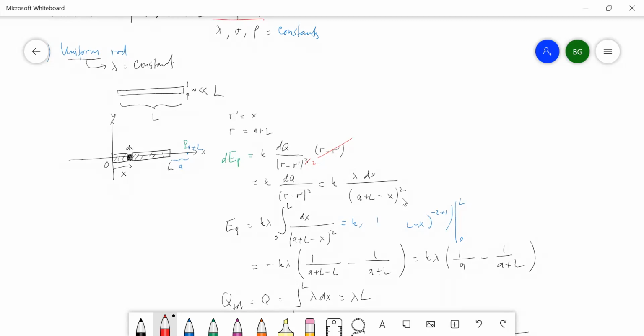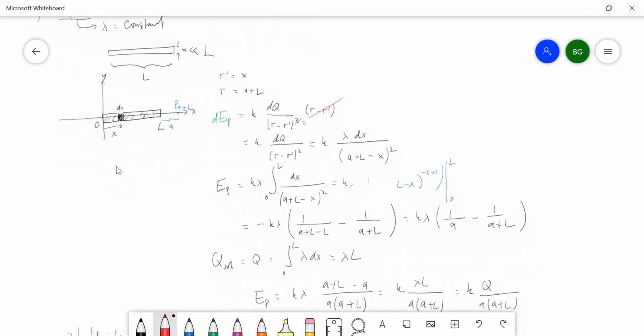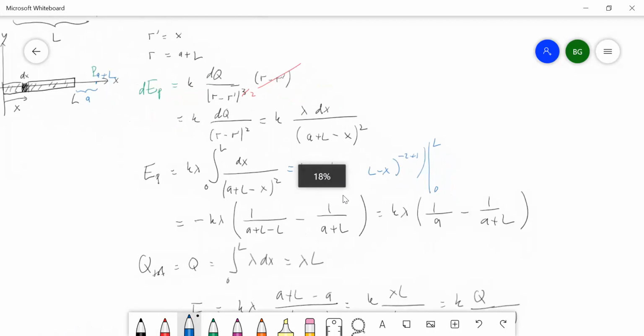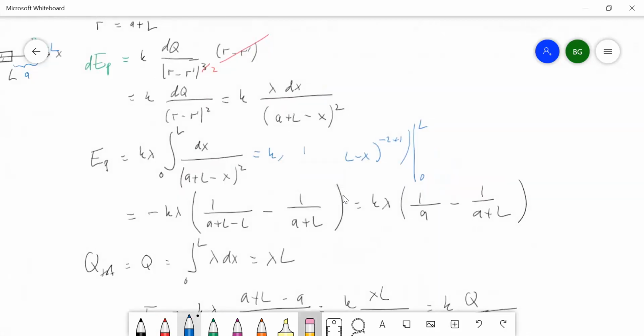The x here is the position of this infinitesimal charge, which is part of the rod, so the integral should be from 0 to capital L. This should be equal to, I should write it.